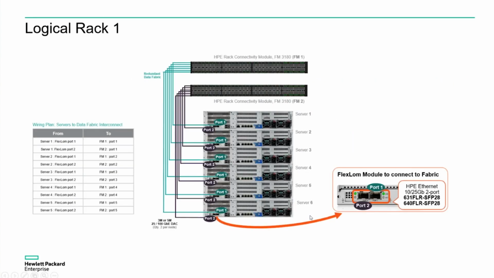On the production side, as we mentioned, we have this flex LOM, and you have a choice of 2: the 631 adapter or the 640. The 631 is a Broadcom chipset. The 640 is a Mellanox chipset. They're 10/25 gig. All of the ports in the fabric the servers connect to are 25 gig, so that's aggregate 50 gig.